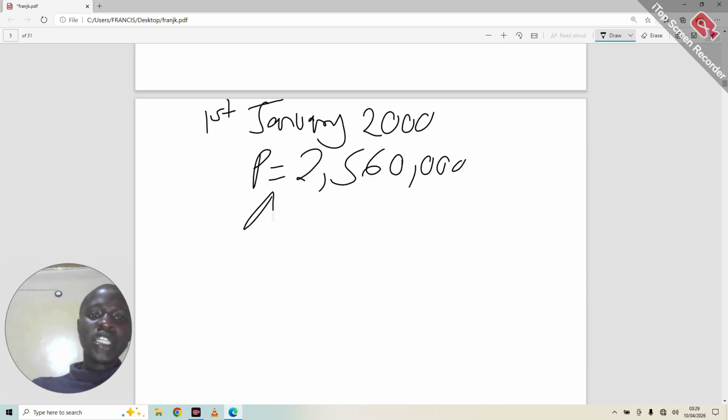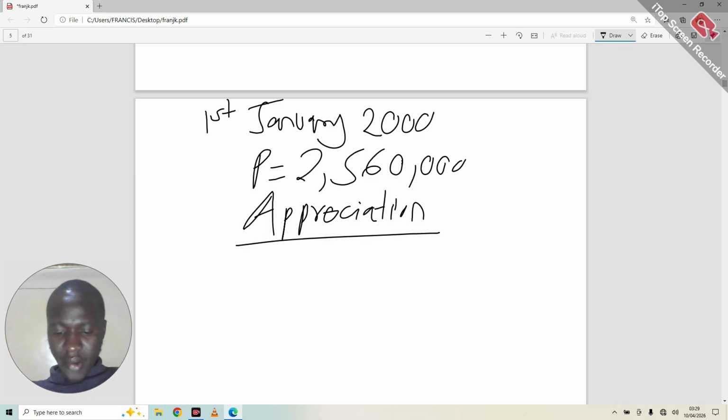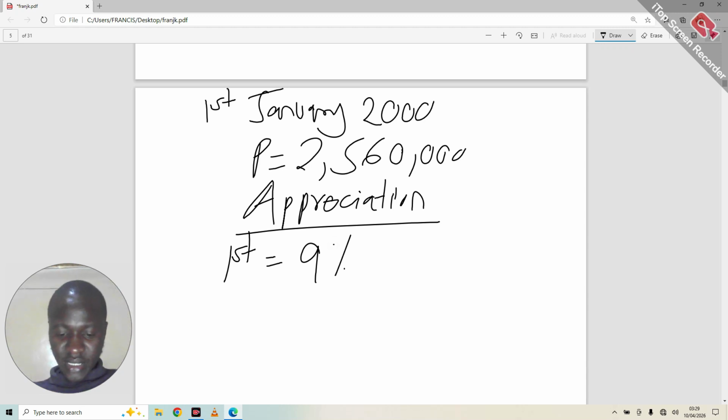So it is appreciating. That is appreciation. In the year 2000, its value appreciated by 9%. So that very first year, its value appreciated by 9%. Great. The land's appreciation in 2001, that is the second year.